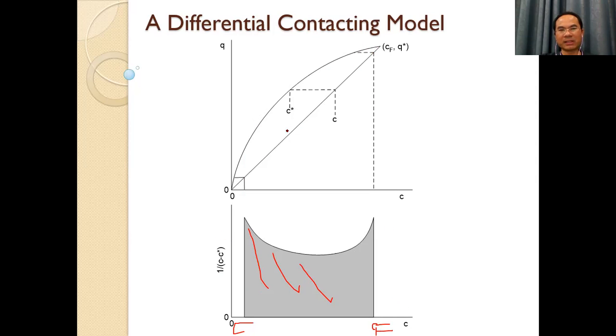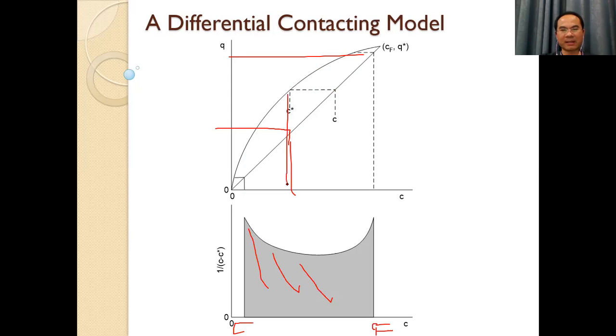You know this curve, you can read from Cf. This is Q, Q star. And then you can read C and Q, C for this and Q for this. Calculate Q like this. You get C and Q, and then you can plot 1 over C minus C star. For this C, how about C star?